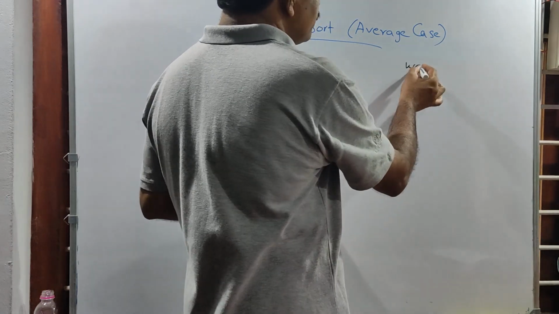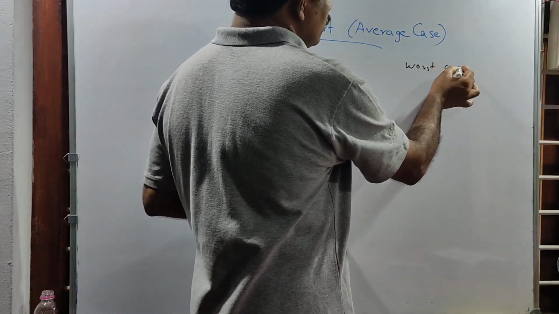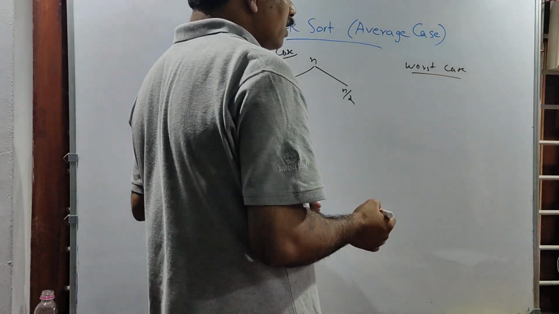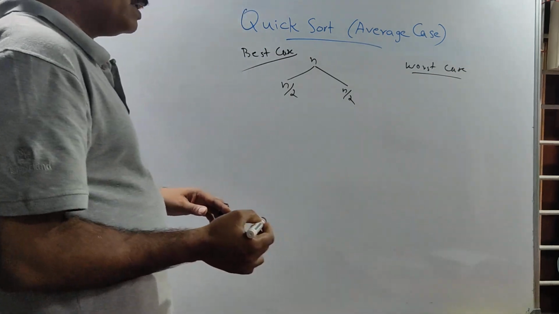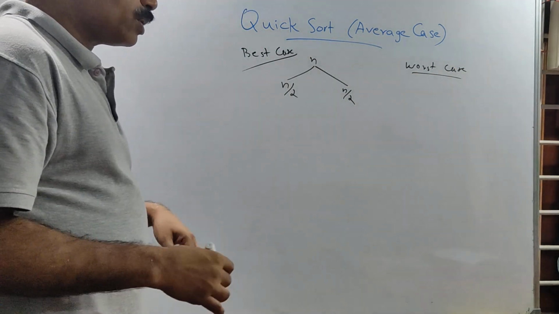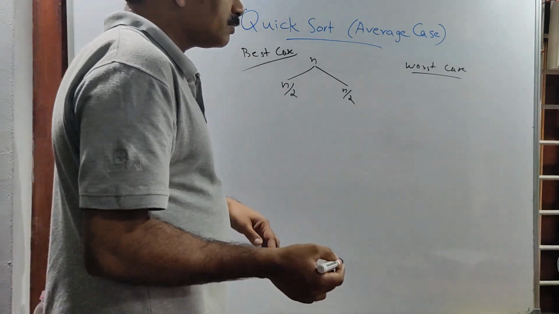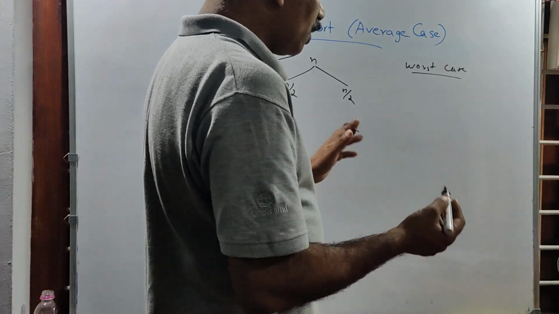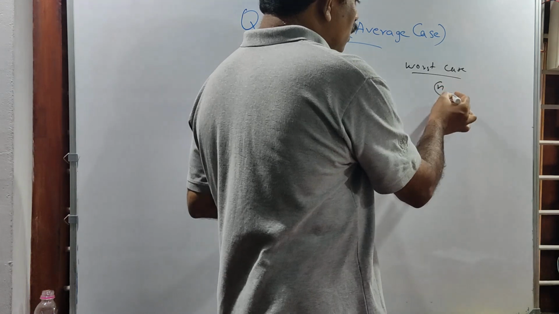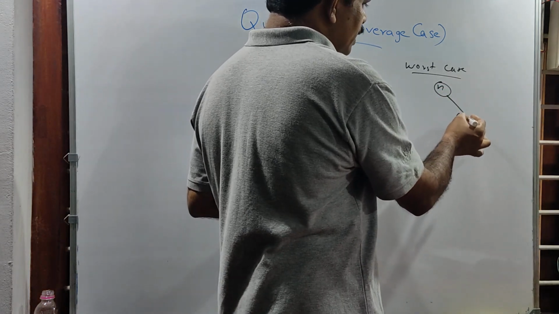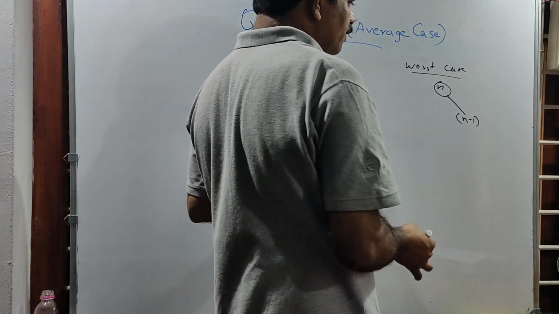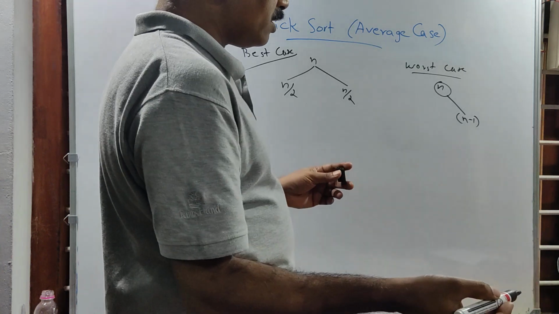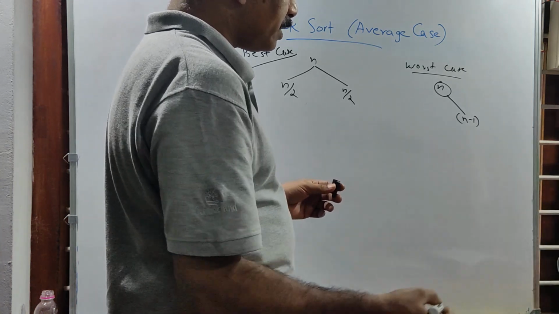And in the worst case analysis, the pivot element will be the biggest element or the smallest element in the array. If the pivot element is the smallest element, all the remaining n minus 1 elements will be gathered on the right subtree, that is, all elements are greater than the pivot element.